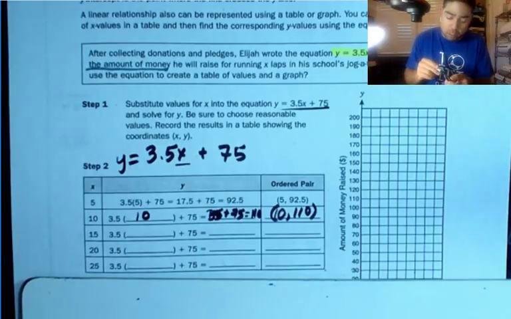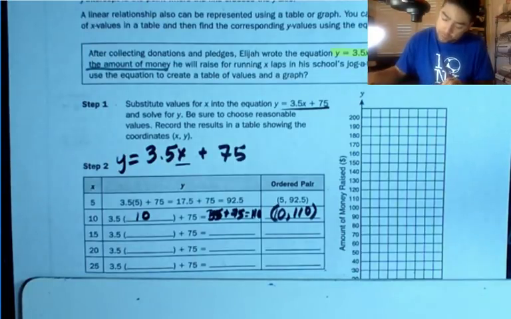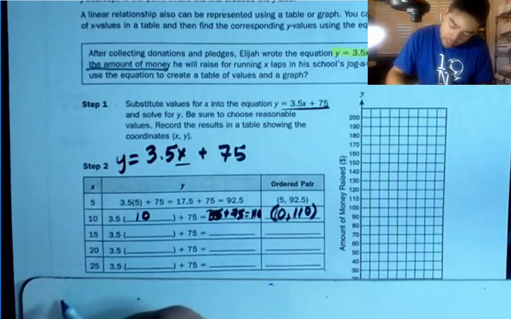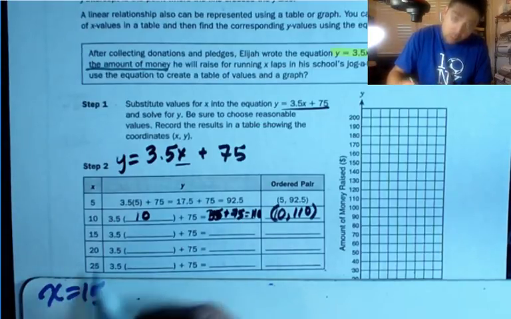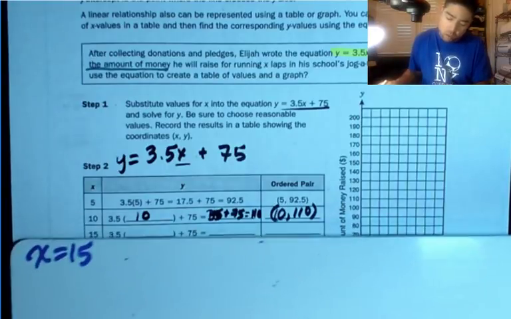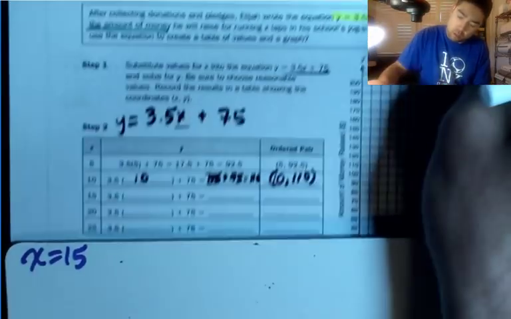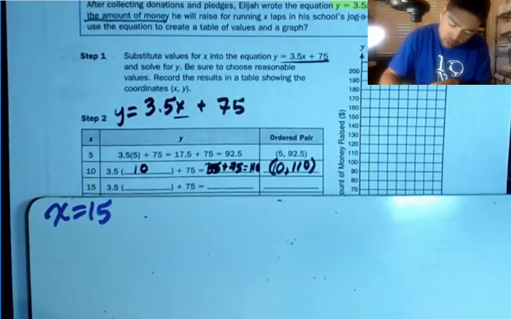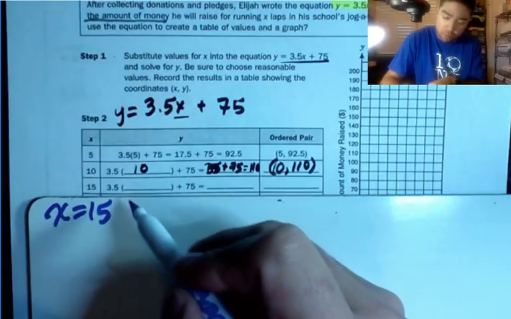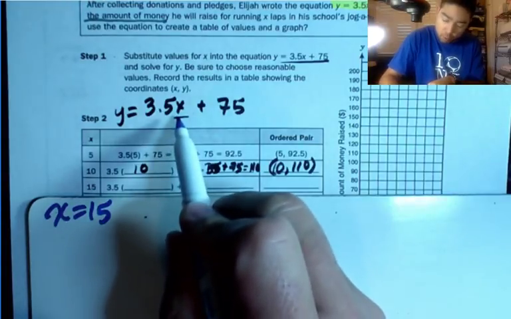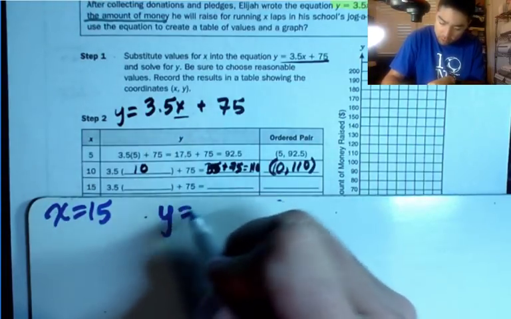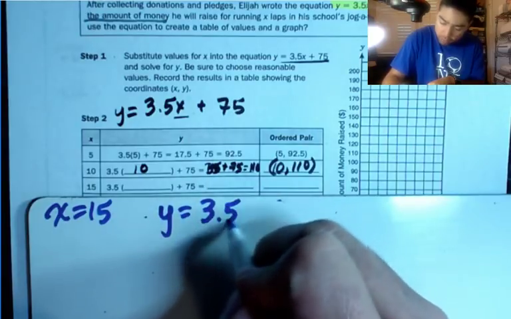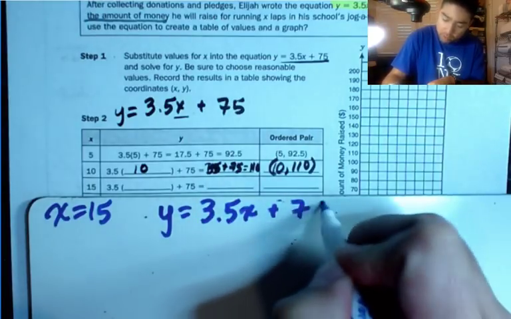So when x equals 15, which we see there, we're just going to substitute it in for the x here in our linear equation. So y equals 3.5x plus 75.